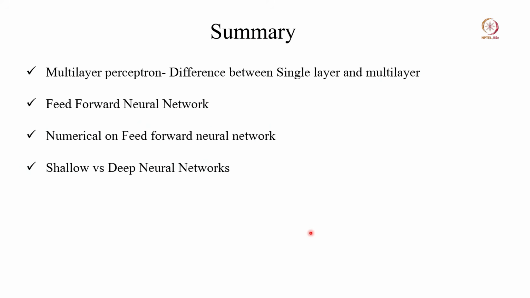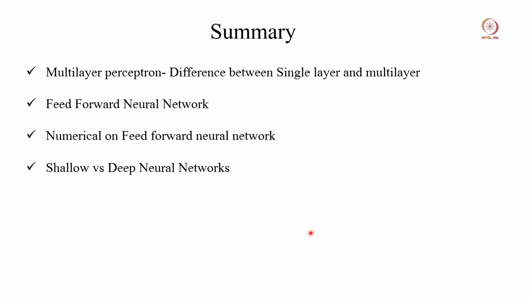We have seen these things in detail, and also we have seen there is a loss or error term that comes out at the output layer, and there is an algorithm called backpropagation. We have just touched upon it, but understood what exactly backpropagation does in terms of weight updation. Basically, it updates the weights.